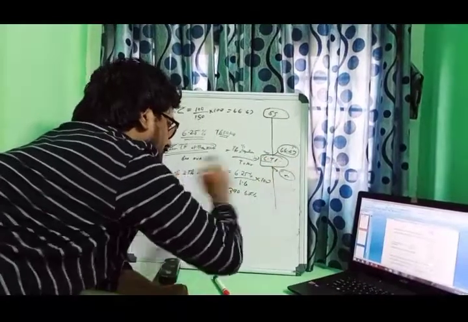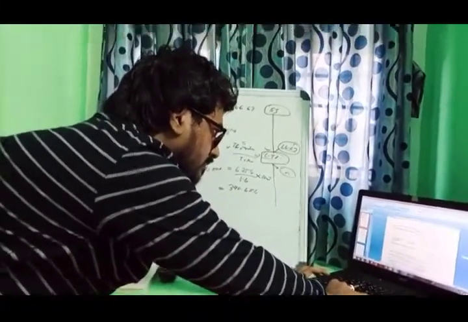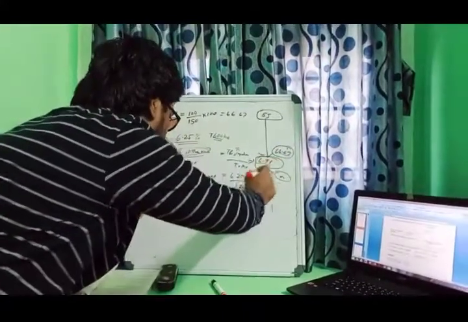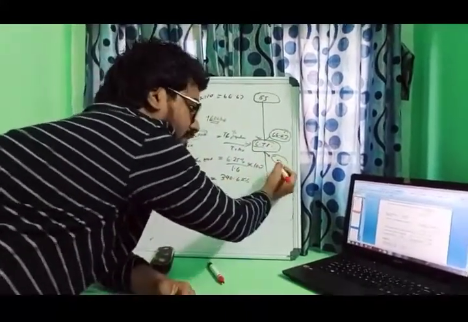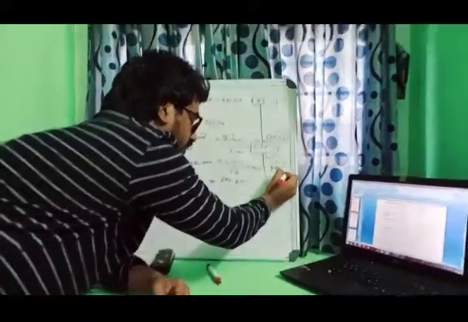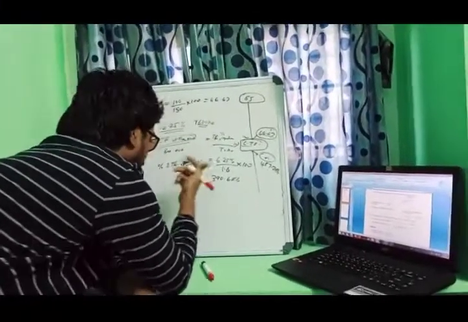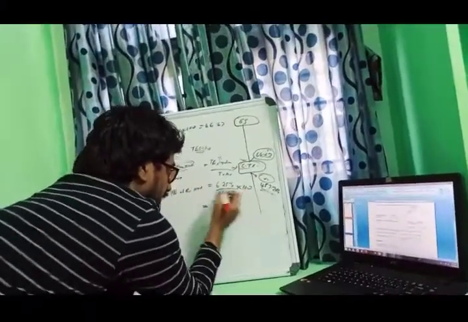The summation of 66.67 and 390.62 gives 457.28%. Now we have to convert this into fault MVA.